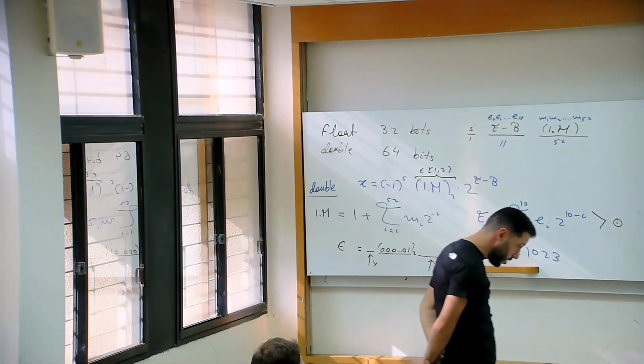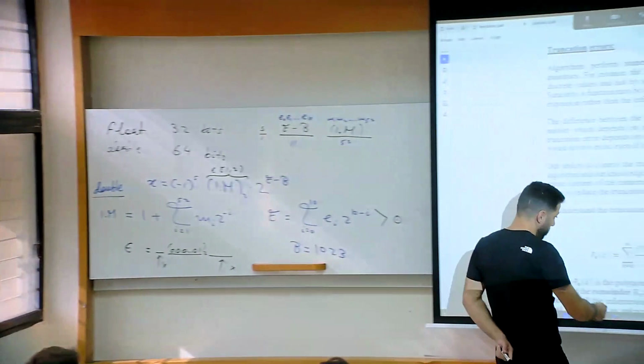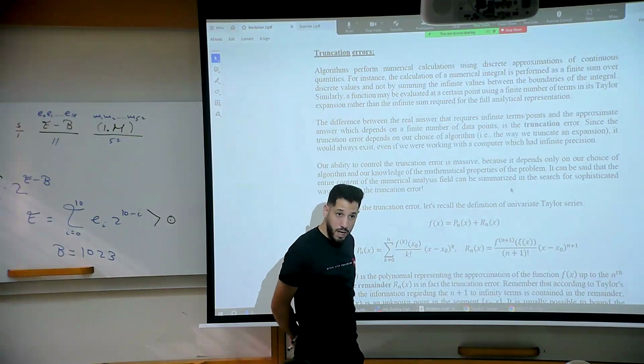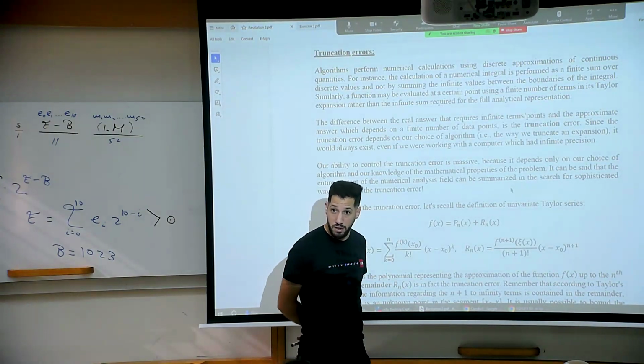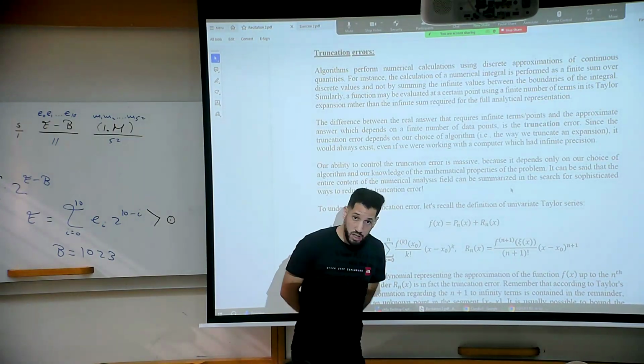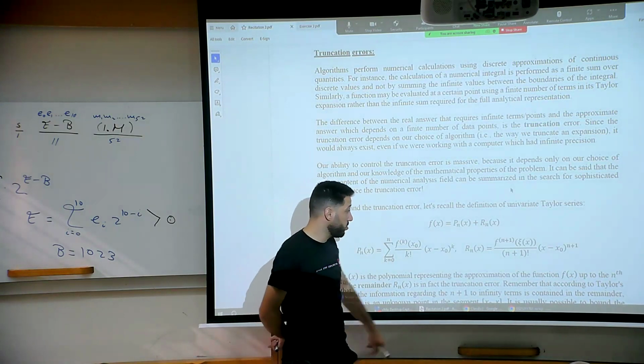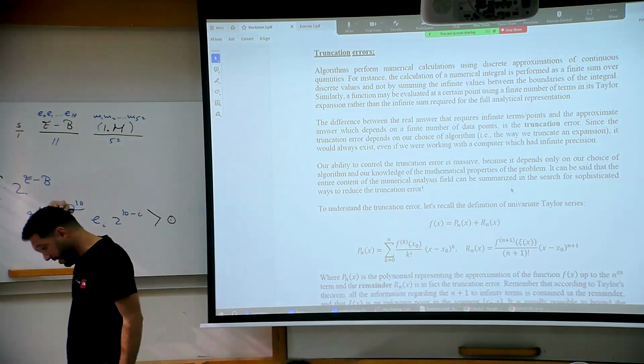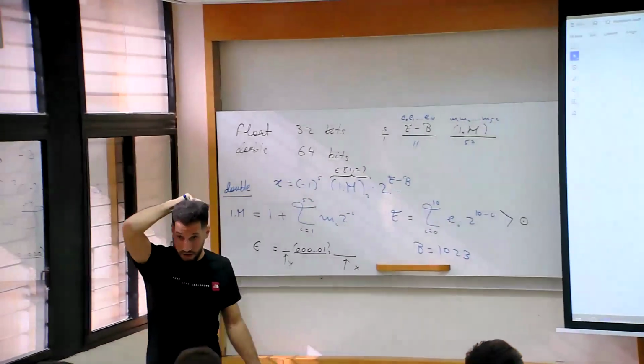The answer is that f of x equals this polynomial plus an error or remainder. And thanks to Lagrange, we know what this remainder is in terms of the n plus 1st derivative of f.